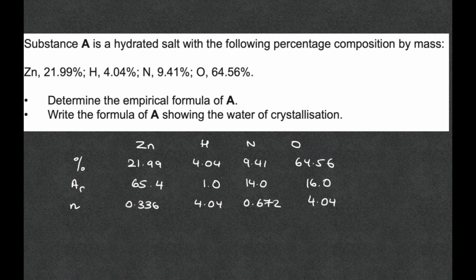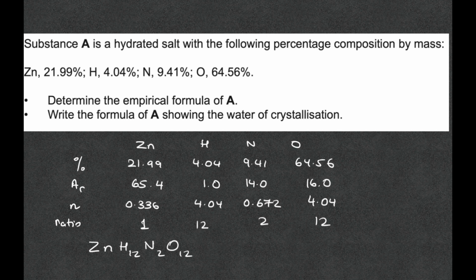The smallest one is the number of moles of zinc, and therefore dividing everything by that number, I will get 1, 12, 2, and 12. When it comes to the empirical formula, it doesn't matter the order in which you write down the atoms, and the formula will be Zn, H12, N2, O12.